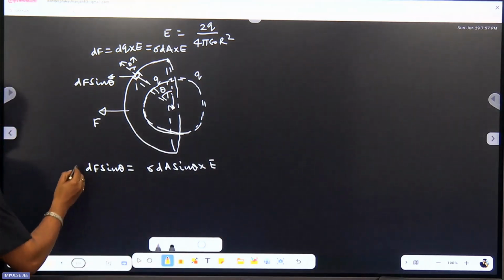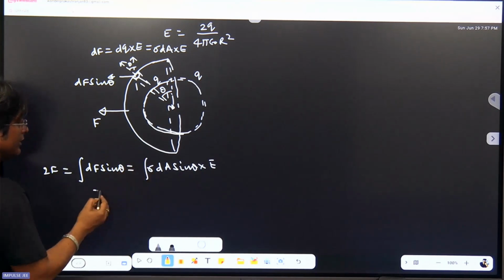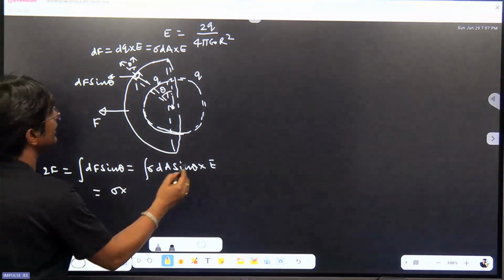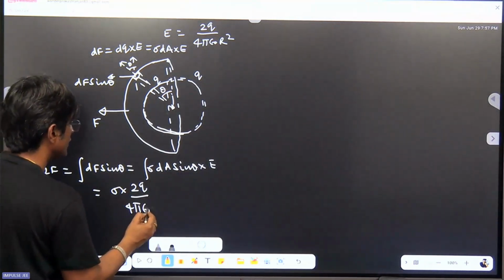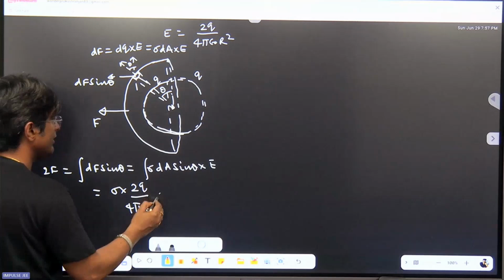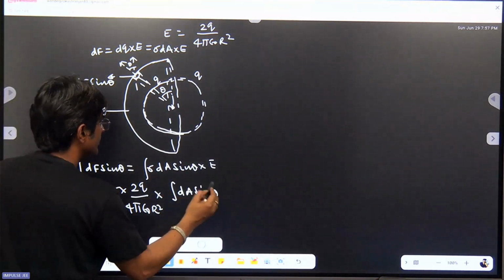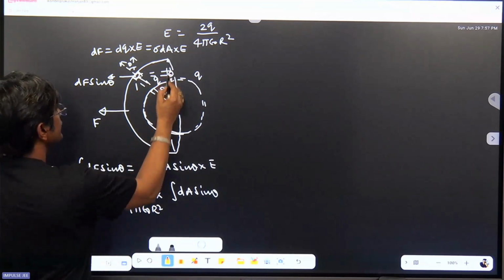To get the value of 2F, we need to integrate. We take sigma and the value of E, which is 2q by 4 pi epsilon naught r square, outside the integral, and dA sine theta, if you remember, is nothing but the projected area on the base.